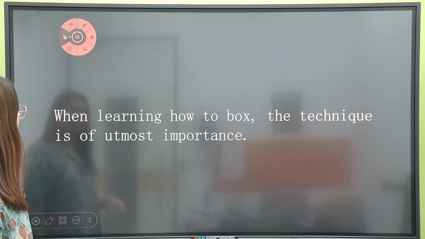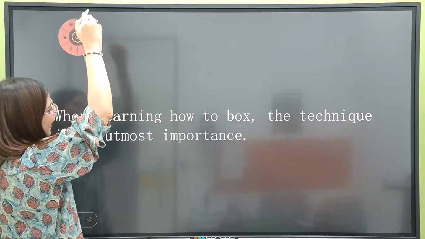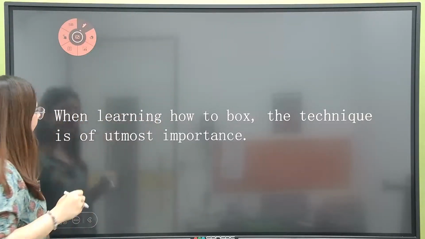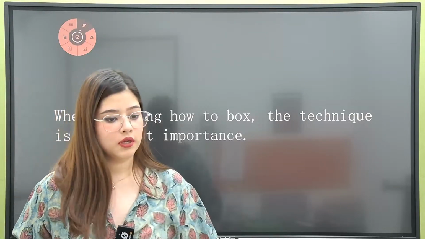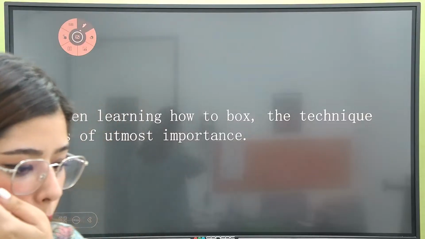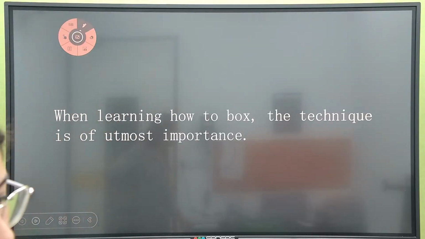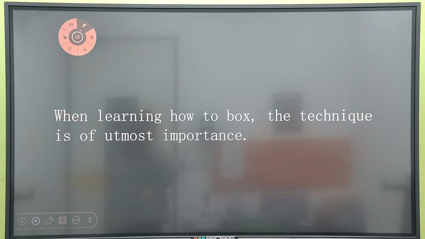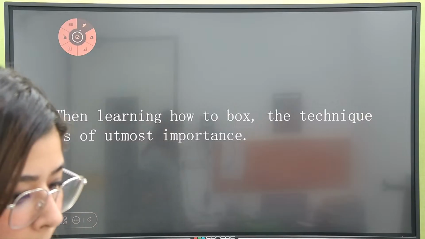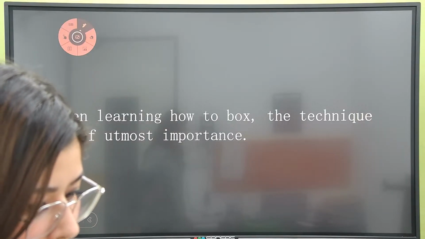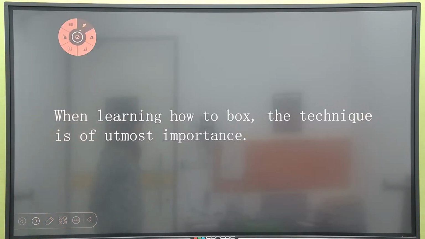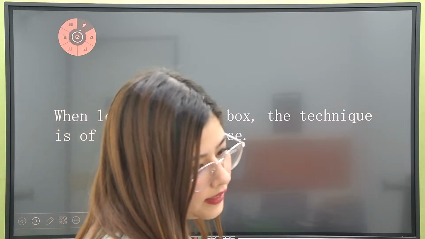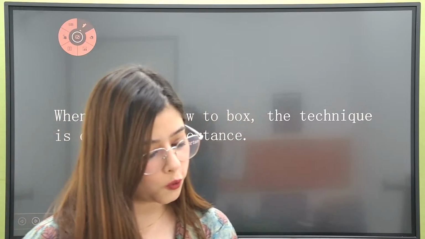Next statement. When learning how to box, the technique is of utmost importance. Any guess, any idea, any vague idea would also do.